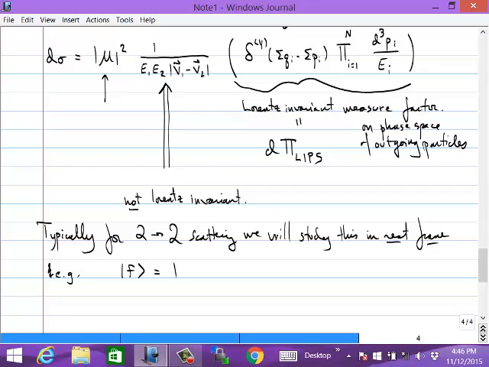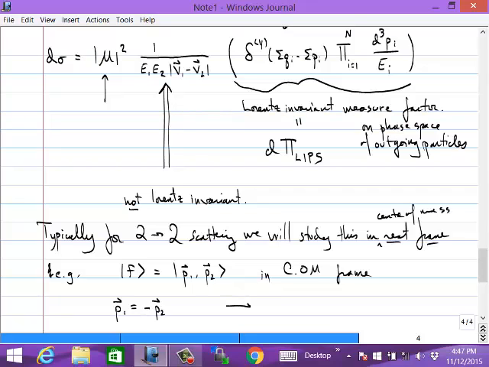Okay, good. So let's imagine we have 2-to-2 scattering. So your final state is characterized by two momenta, P1 and P2. And in the center of mass rest frame, P1 is equal to minus P2.